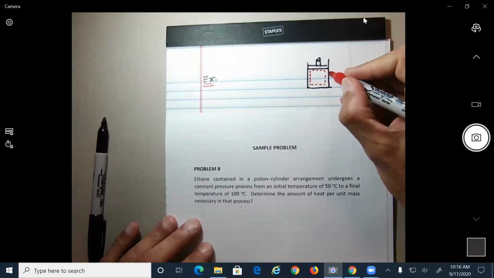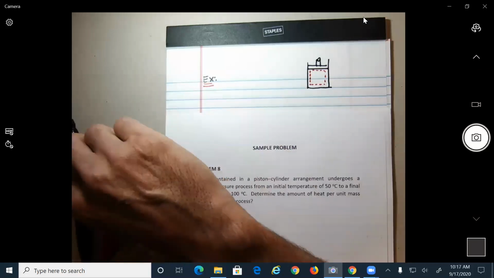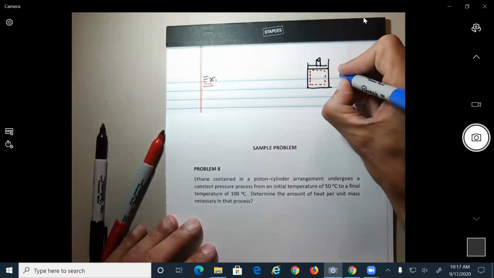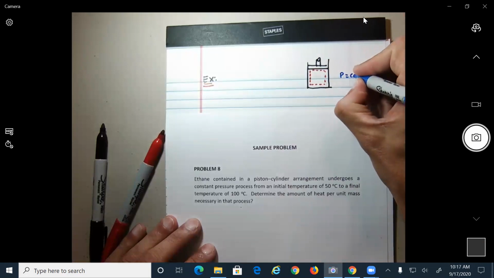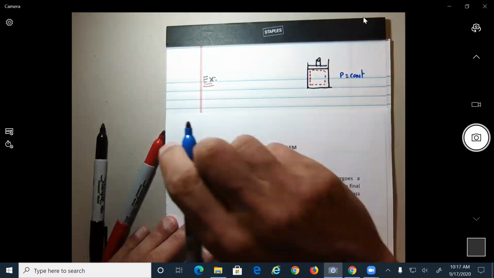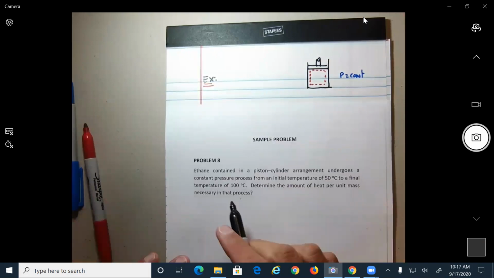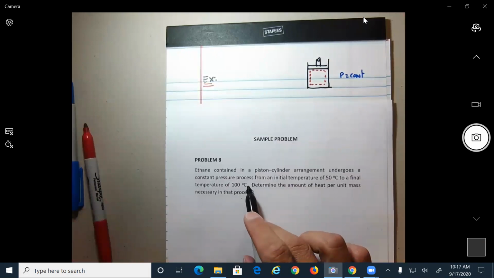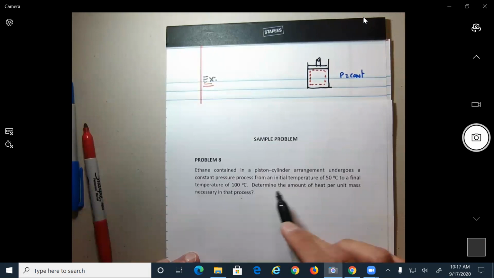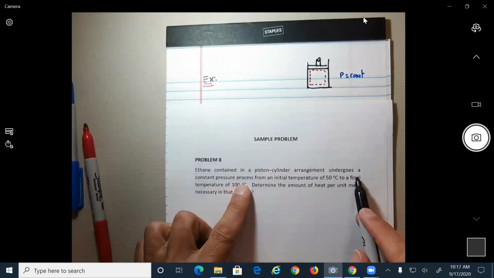This is a closed system, and if nothing else is happening, you know that the pressure should be constant, no? All right? It undergoes a constant pressure process, obviously, it's a piston. I should actually remove the "undergoes a constant pressure process"; you should know that.